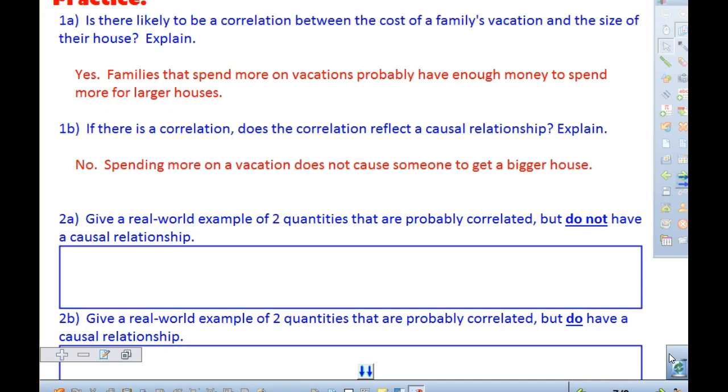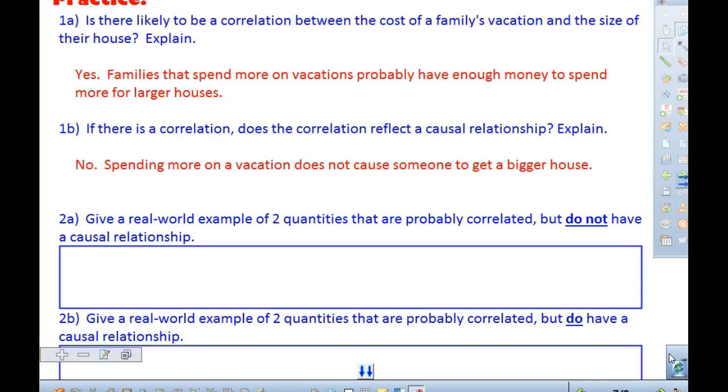So there might be a correlation in that if your family can go on more vacations, maybe you live in a bigger house, but that's not always the case, right? There are some people that choose to live in a smaller house because they spend all their money on vacations, or doing other things, or they save their money, whatever you're looking at, okay? So make sure you have both of these down in your notes for 1A and 1B.